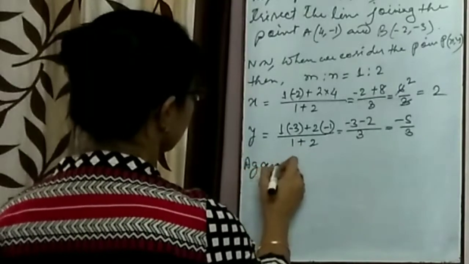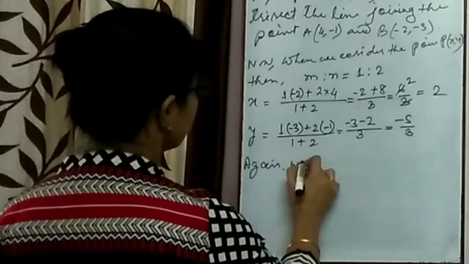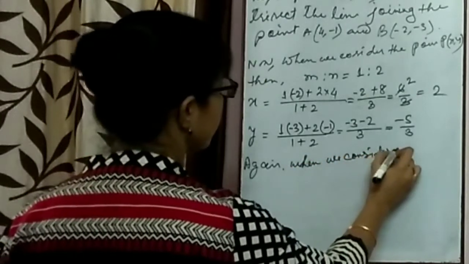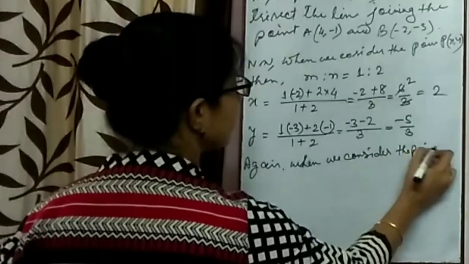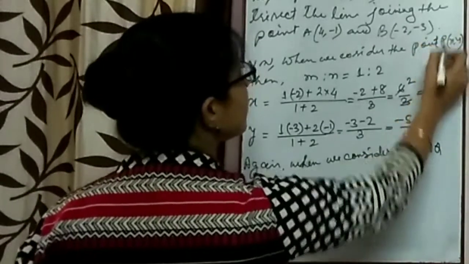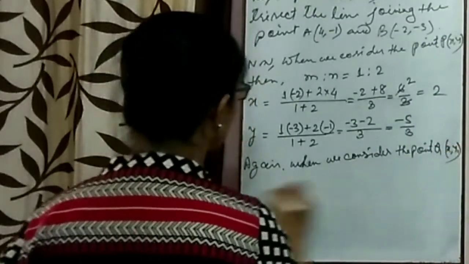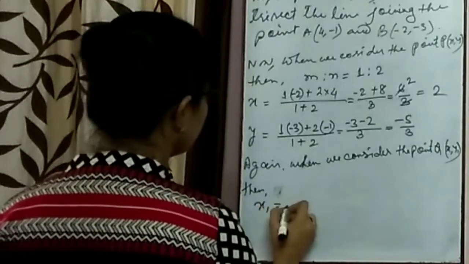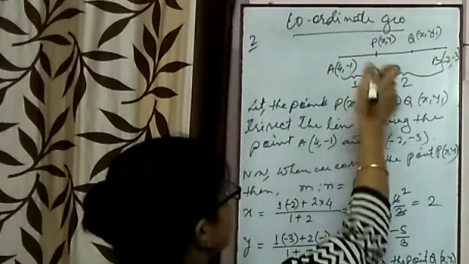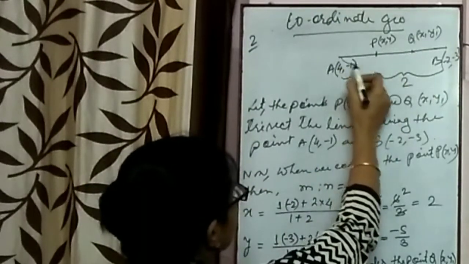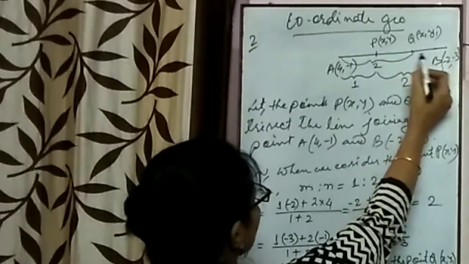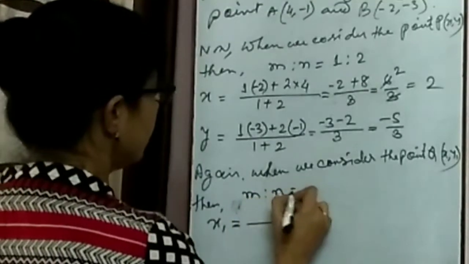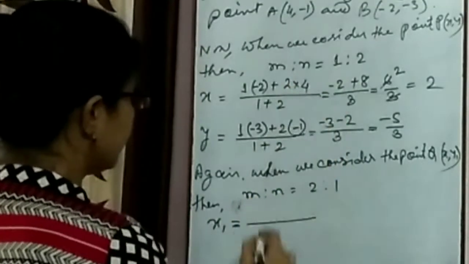Again, when we consider the point Q, then x1, Q will be considered. Then you see, when Q is considered, this part will be having 2 and this part will be having 1. Then m is to n is equal to 2 is to 1, just alter the number.